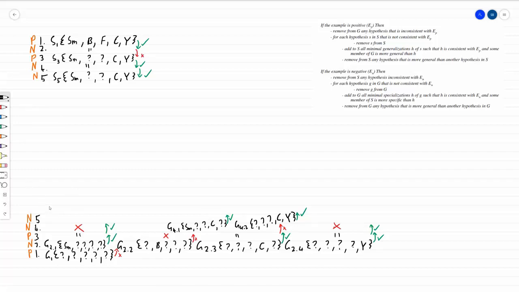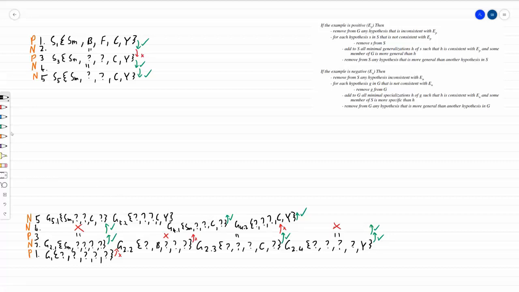So I'll write them up nicer up here. G5.1, we have Sam's, question mark, cheap, question mark, and G5.2, question mark, cheap, yes.